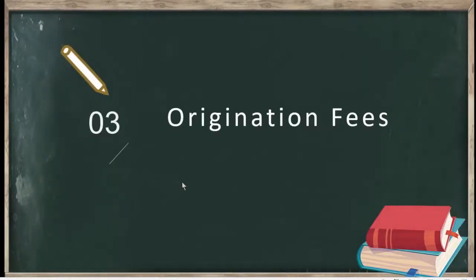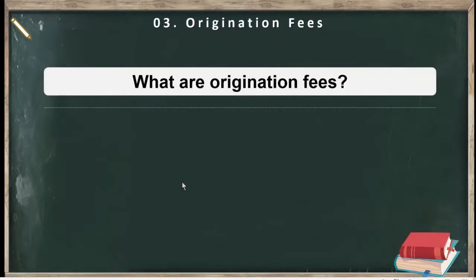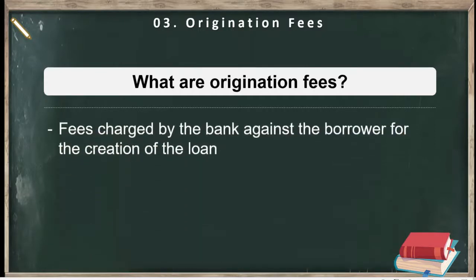Then we have the origination fees. What are origination fees? Lending activities usually precede the actual disbursement of funds and generally include efforts to identify and attract potential borrowers and to originate the loan. So for the loan to be created, there are efforts, and those efforts will entail payments or expenses.